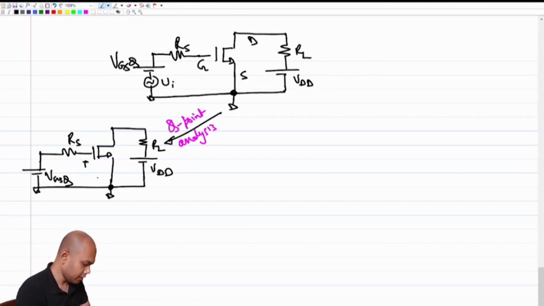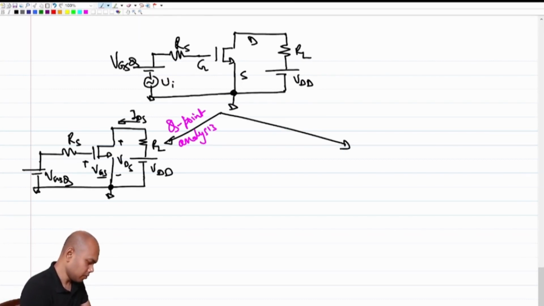We will find VGS, we'll find VDS, we'll find IDS, right? So then what is the second step? The second step is to do small signal analysis or incremental analysis.